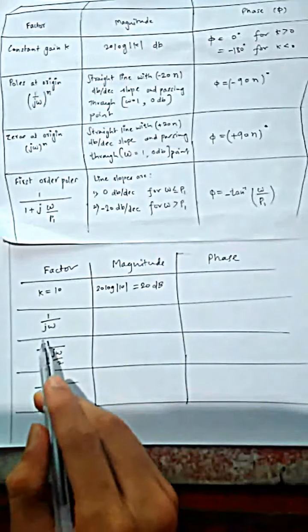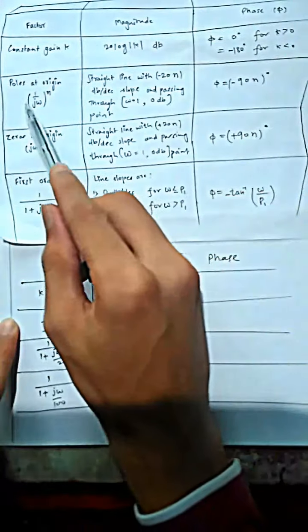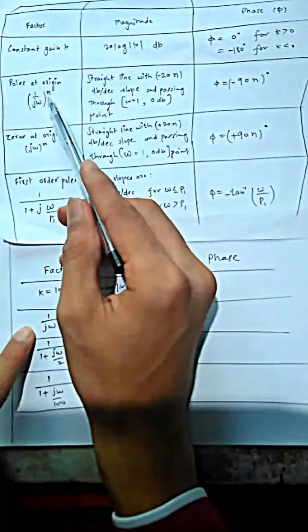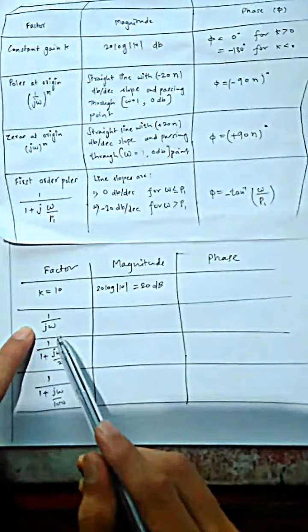Then coming to 1 by j omega, go to this table. We have poles at origin of the same type. Here the power is n, and here the power is 1. What is written here is, for 1 upon j omega to the n, a straight line with 20 into n dB per decade slope, passing through omega equal to 1, the 0 dB point.